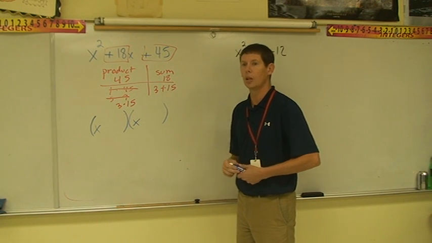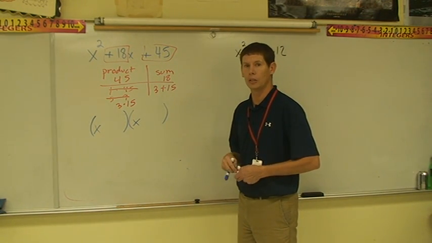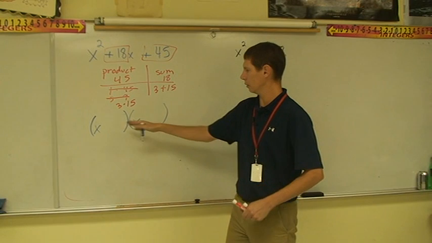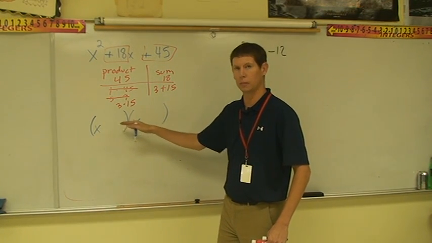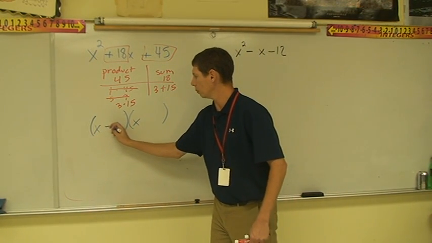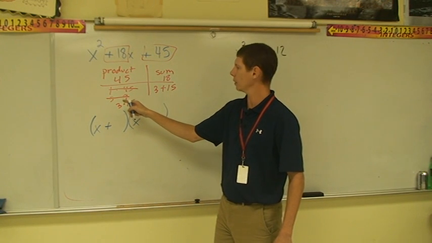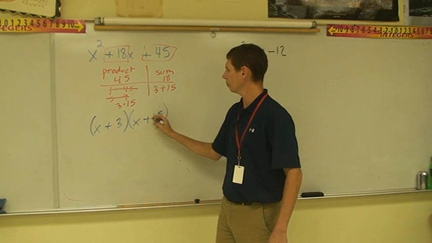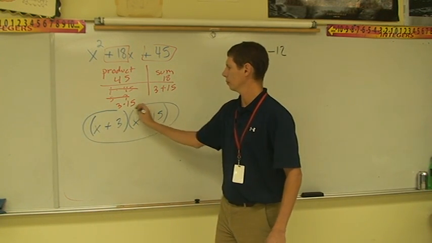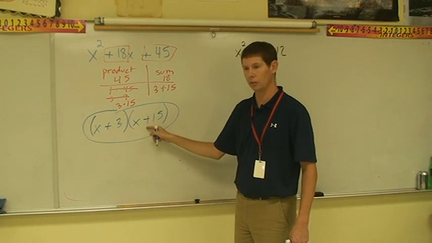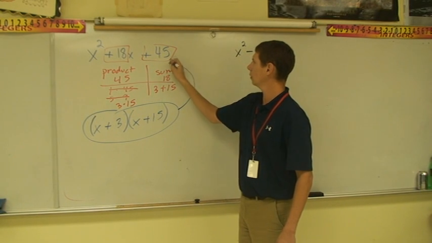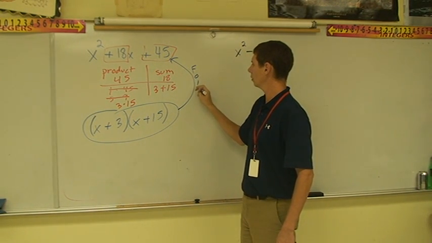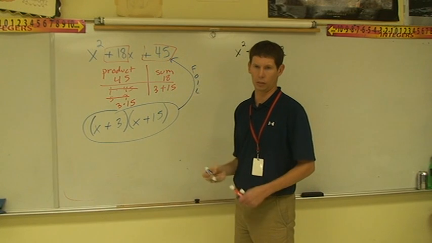Those are the two numbers that would become the second term of each binomial. So our completed factorization would be x plus 3, x plus 15. And by the way, you can always check it, because if you FOIL these, it should produce what we started with.